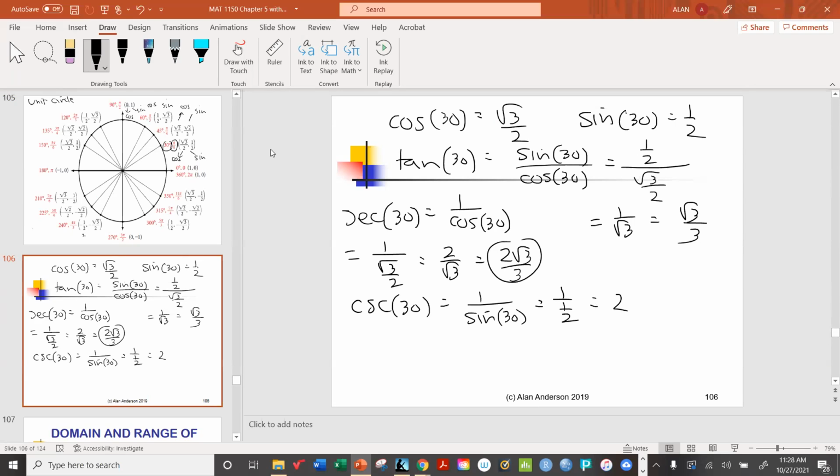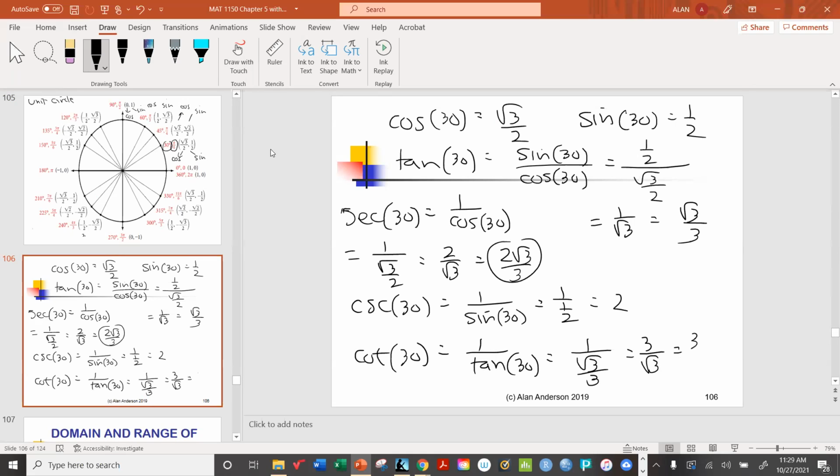And then finally, the cotangent is 1 over the tangent. Radical 3. Okay, so that's how you would get it. So in other words, the unit circle is enough for us to calculate any trig function for any of these angles that we choose to define.